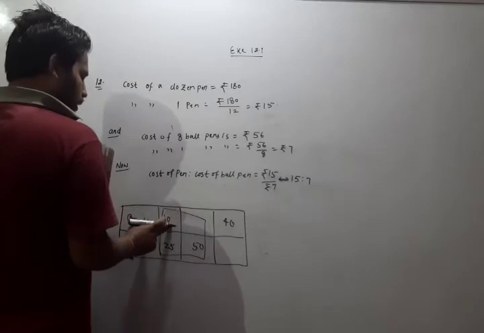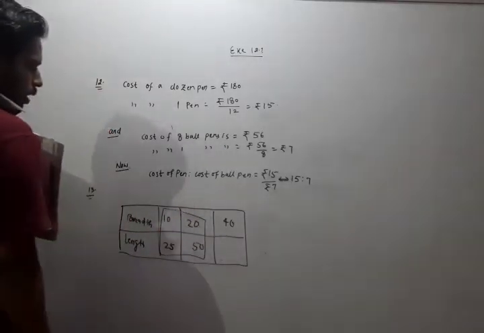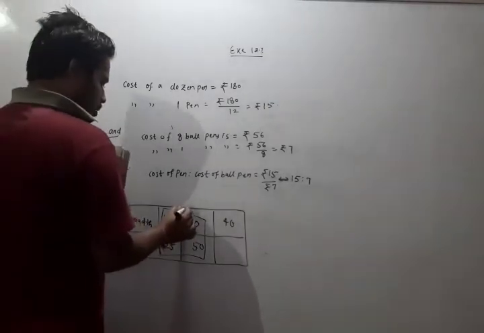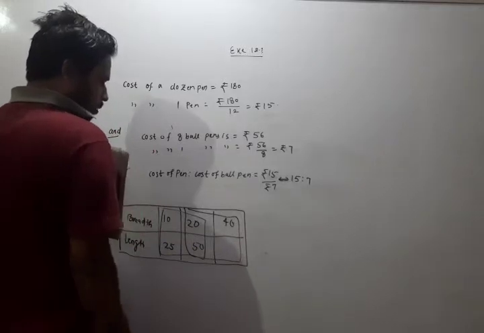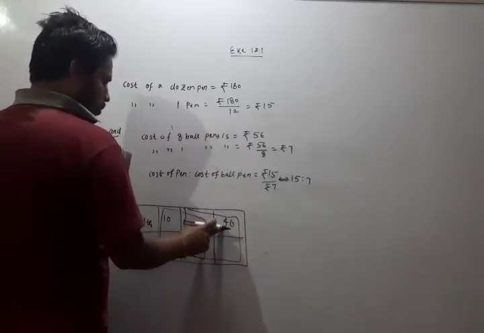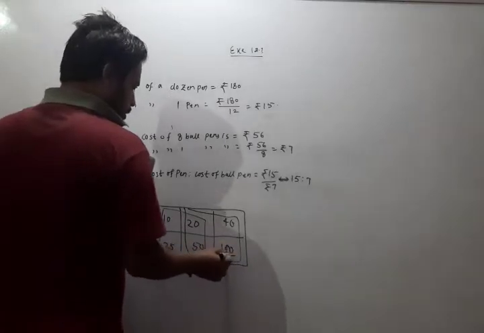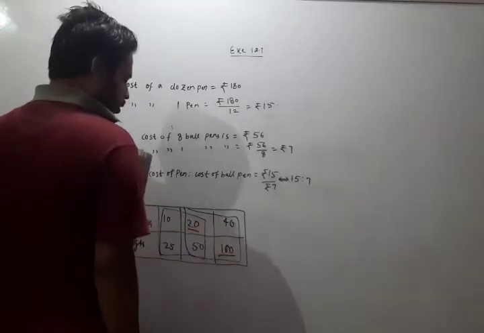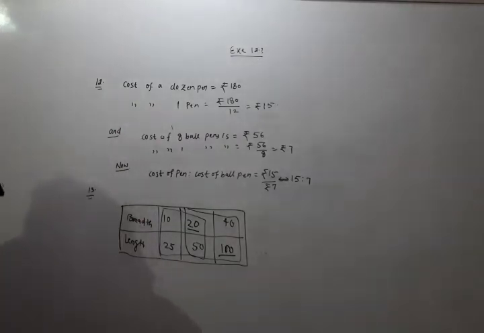So we have to multiply 10 by 2, it will come 20. Now when you compare 20 to 40, so 50 to 100. So in the first fill in the blanks, 20 will come. In the third fill in the blanks, it will come 100.